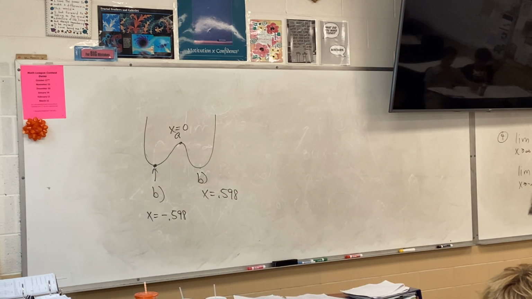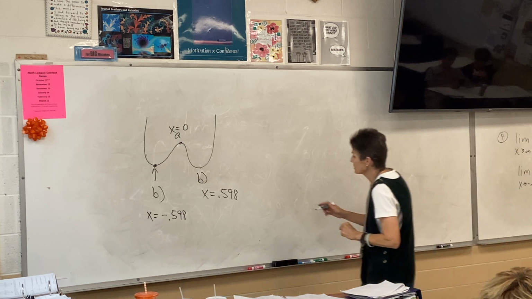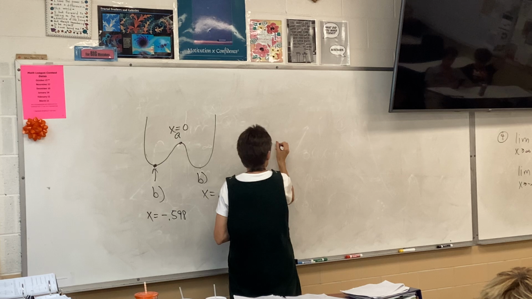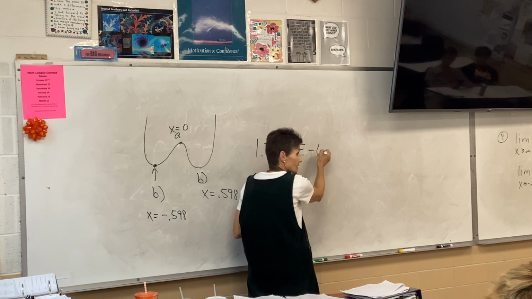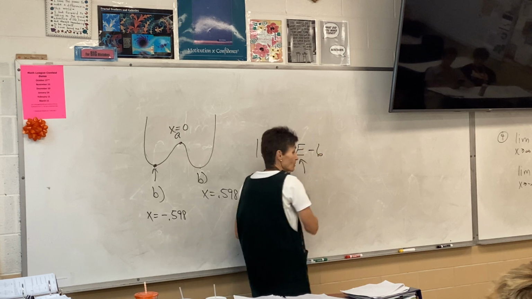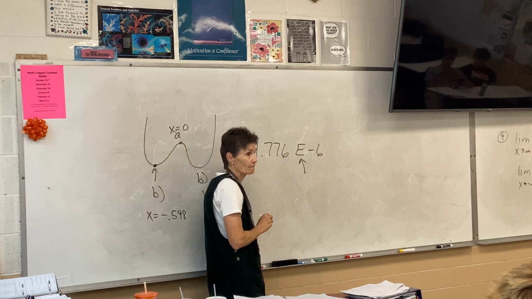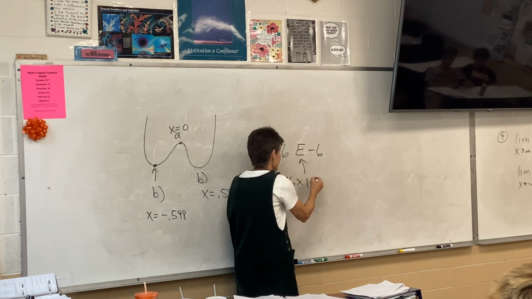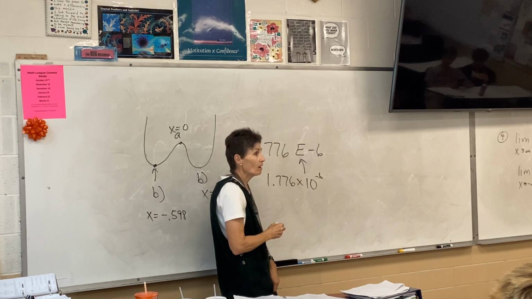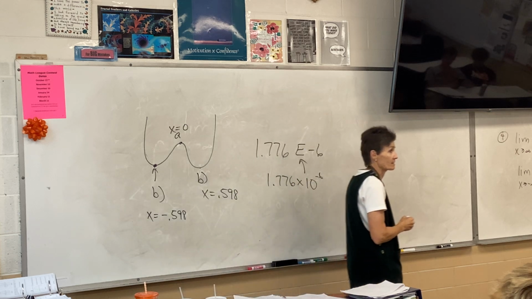I zoomed in. No, see, that's important, guys, when the calculator says something, I don't know what it said, but then it has an E like this, that's scientific notation. This means 1.776 times 10 to the negative 6. Tell me about 10 to the negative 6. Really small.